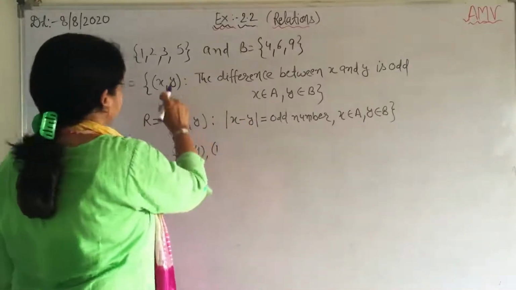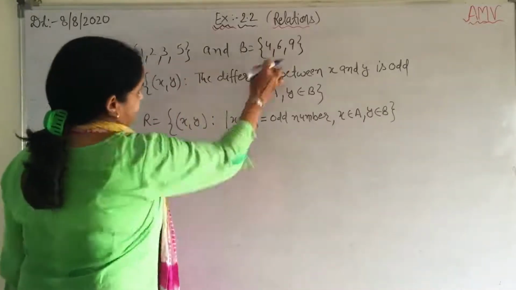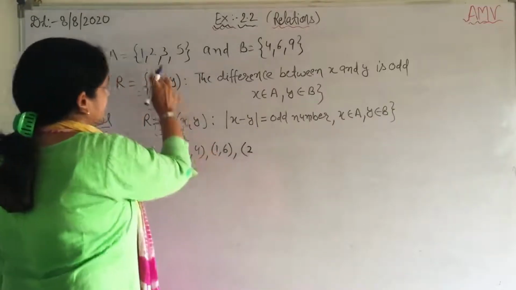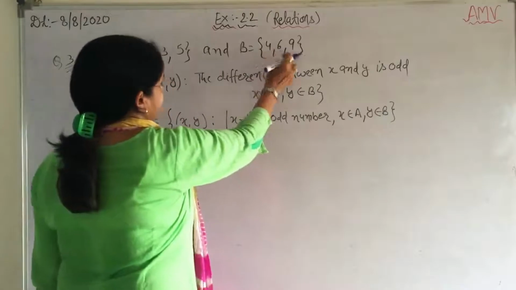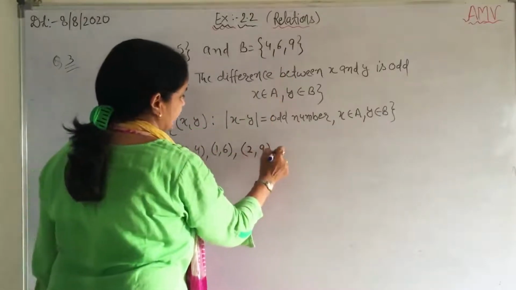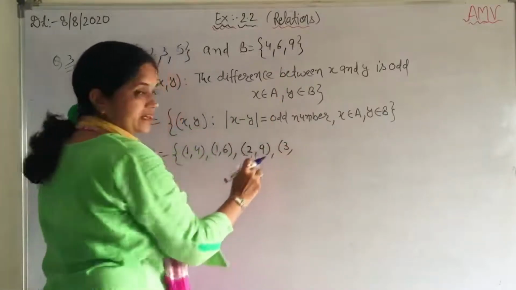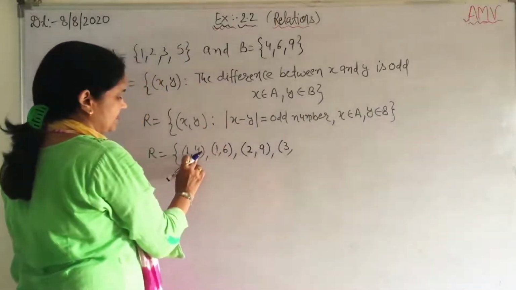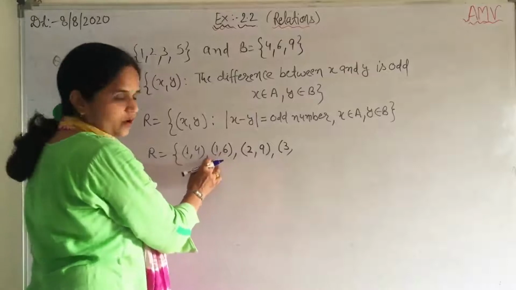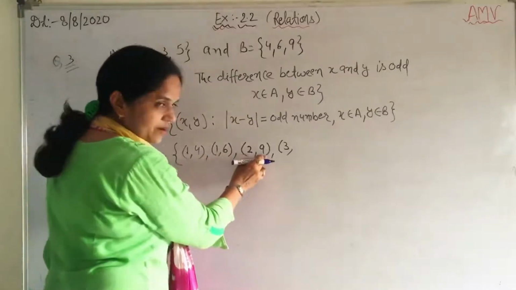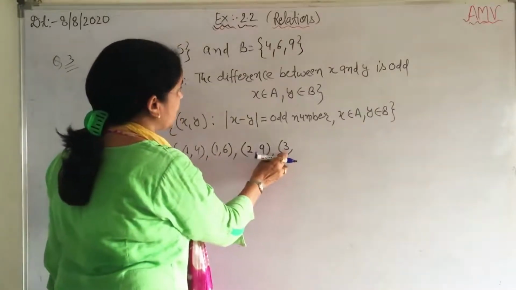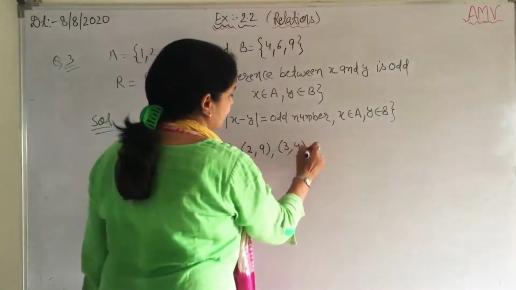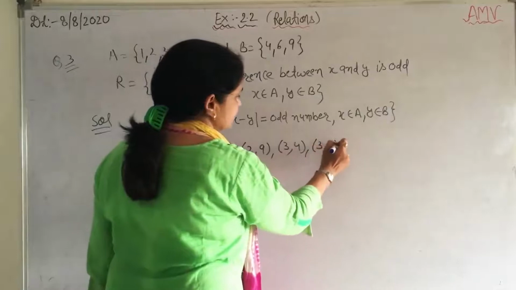Next 1 would relate here to 6. Now 2 will relate to 9, and 2 minus 9 is 7, an odd number. Difference between even and odd is always odd. Now next, odd numbers: we have to take from here the even numbers 4 and 6 with 3.